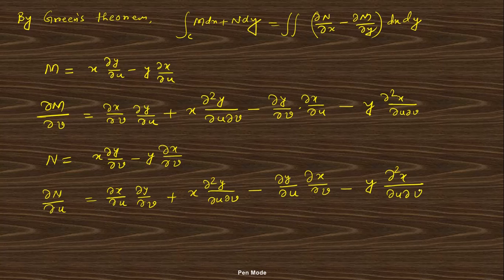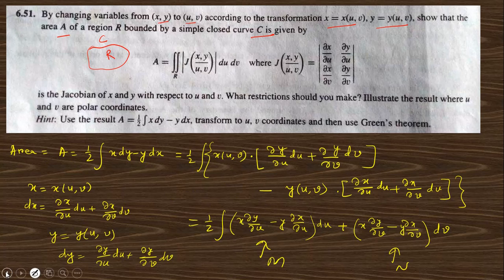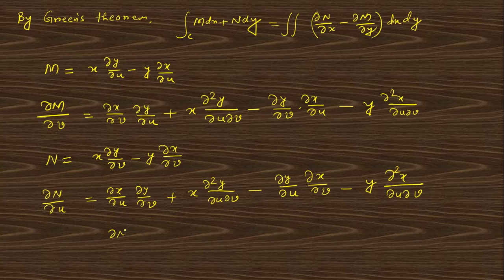So from Green's theorem, we need to find del n del u minus del m del v.